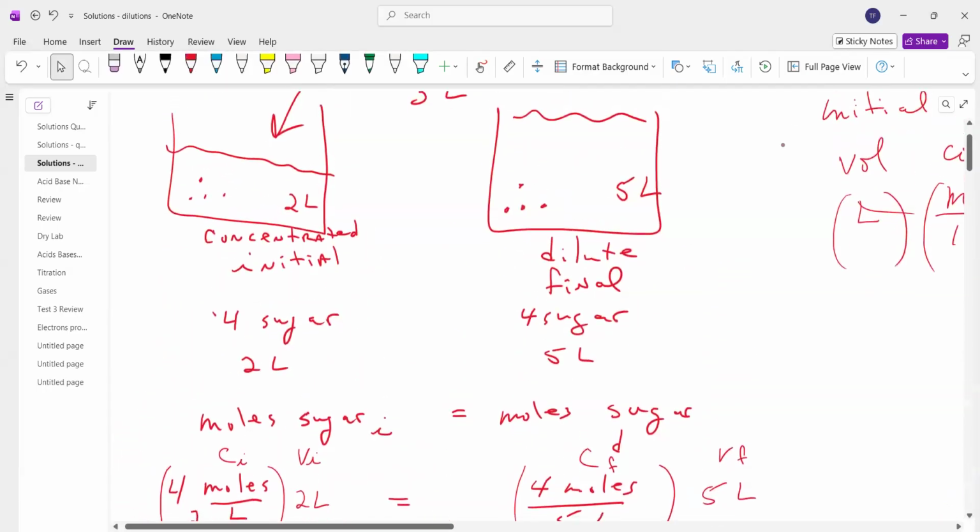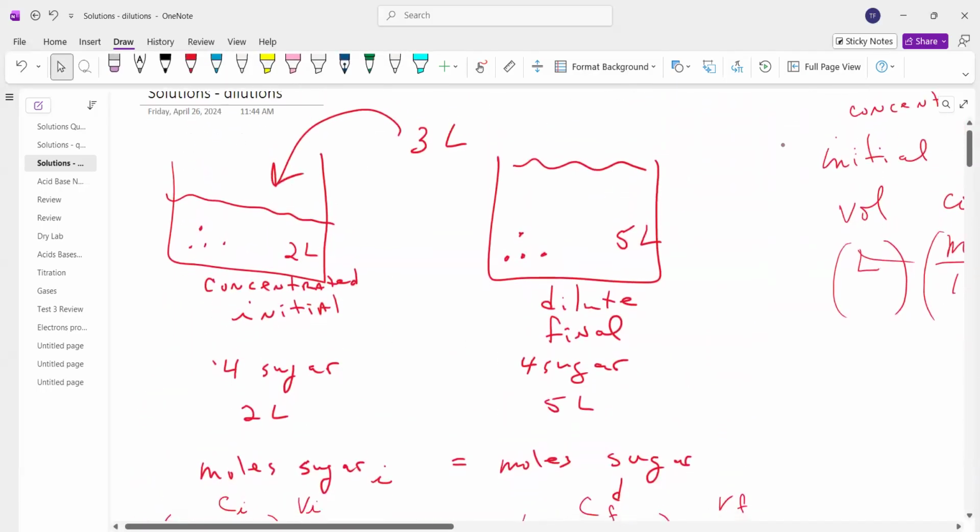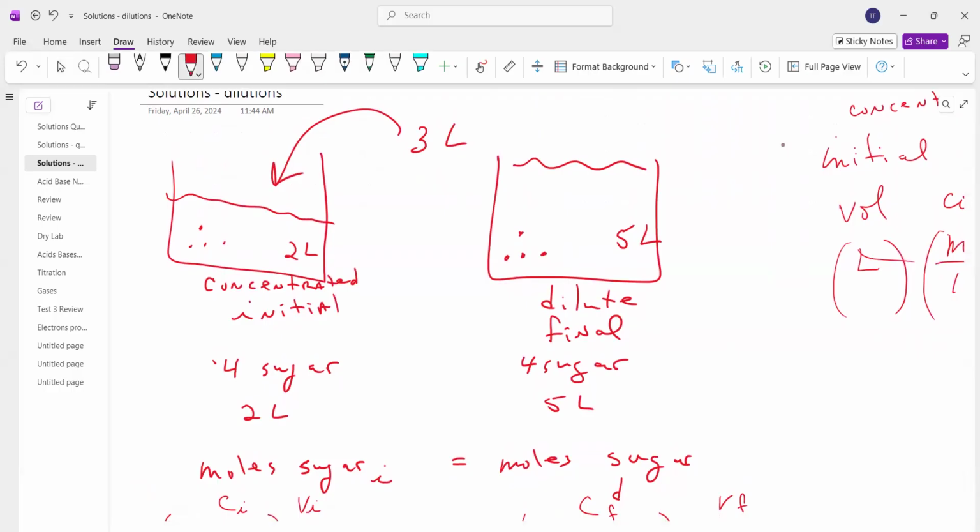Okay, so let's take this example here now. Let's start with a concentration of, let's say, 5 moles per liter, 2 liters of solution.